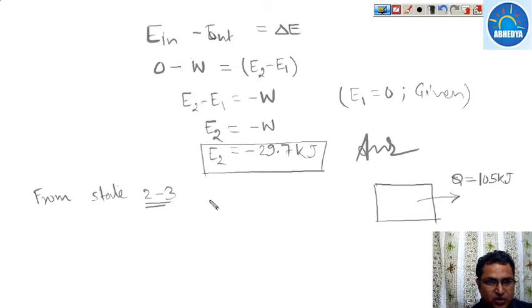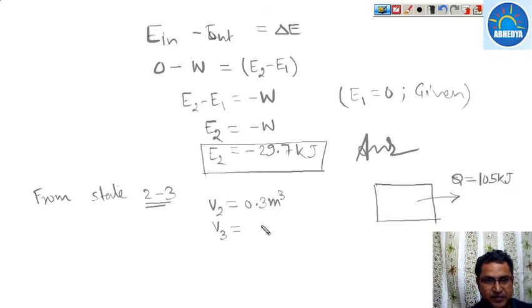And what is the volume at state 2? We know it is 0.3 meter cube. And what is the volume at state 3? It is 0.06 meter cube. So it's a compression.